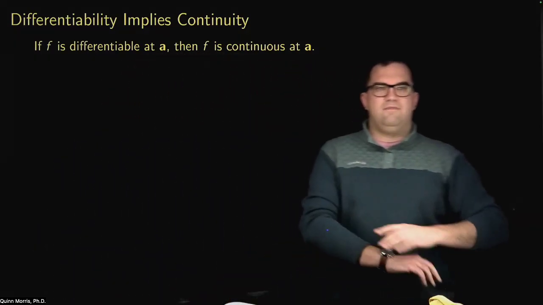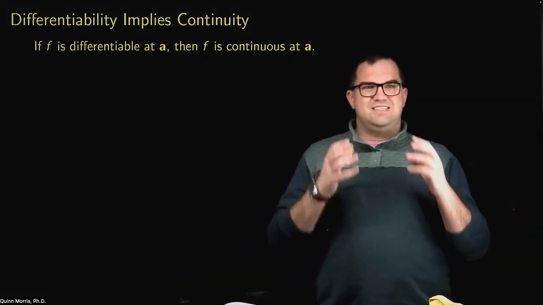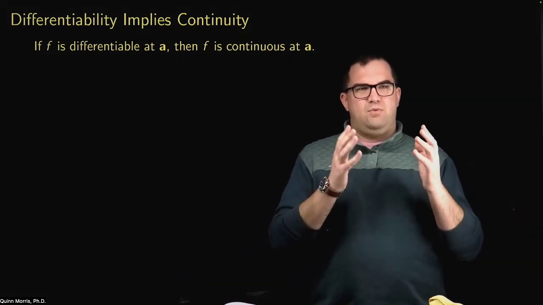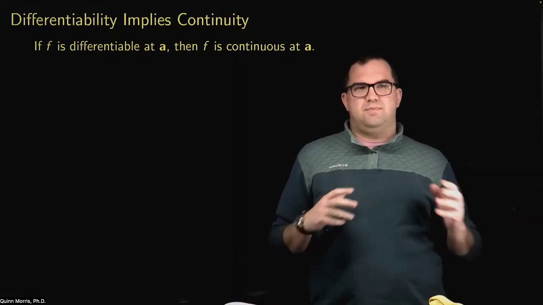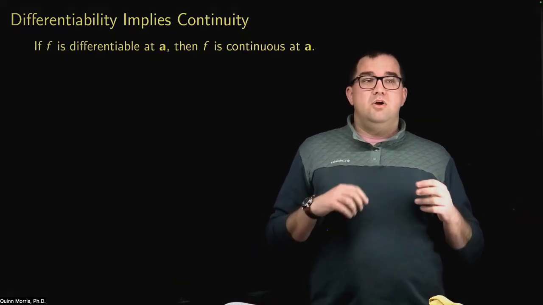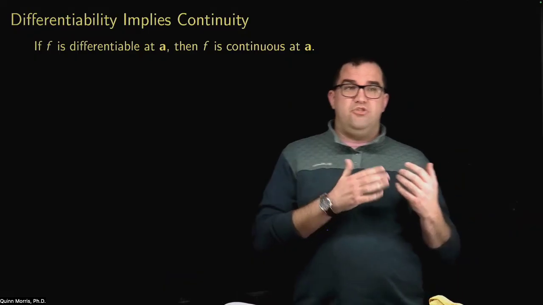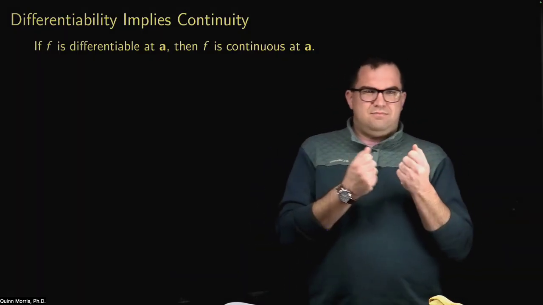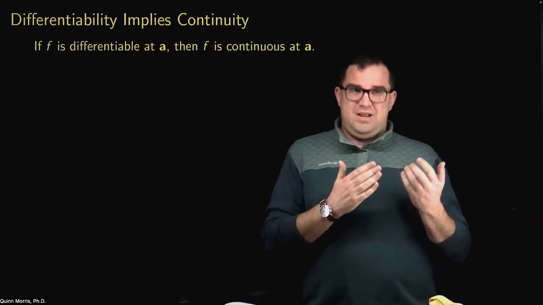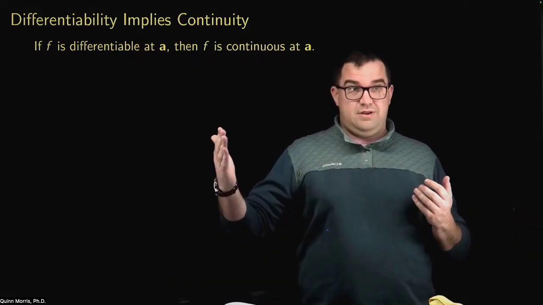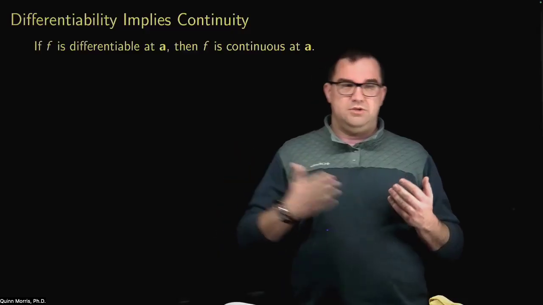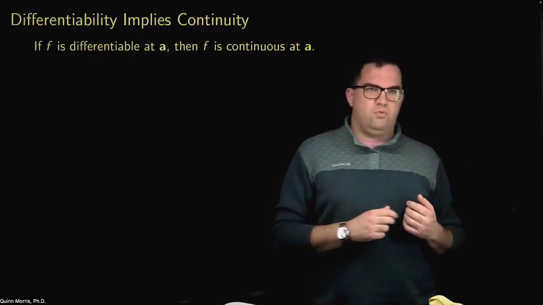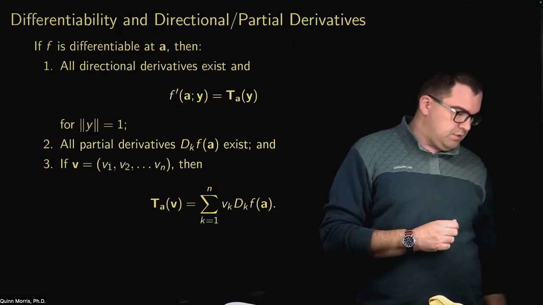We'd like a little better way of understanding what is this T sub a, what is this linear transformation that's supposed to be like the derivative? We actually call that transformation the total derivative, but we want to understand what it is made up of. It should have something to do with the directional derivatives, or the partial derivatives. So we want to understand a little better what exactly that connection is.